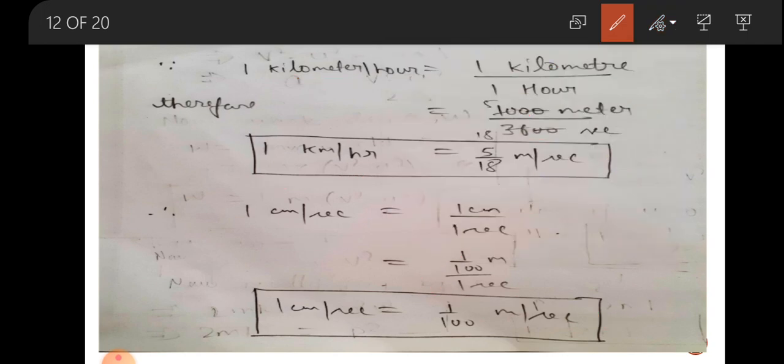These are some basic conversions. You can perform any speed conversion if you have understood this concept properly. We will see further examples in the numericals.